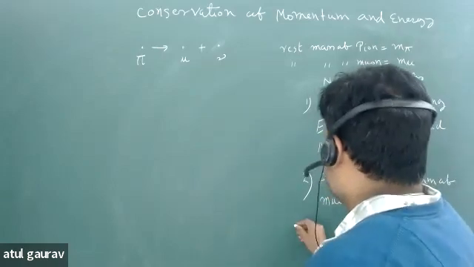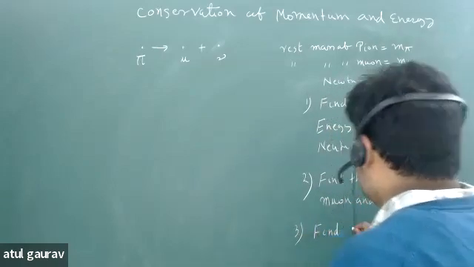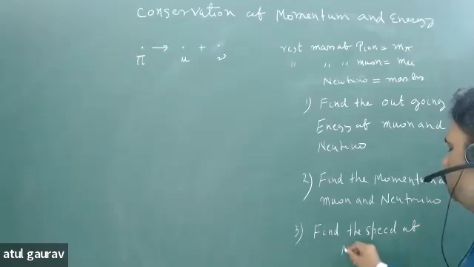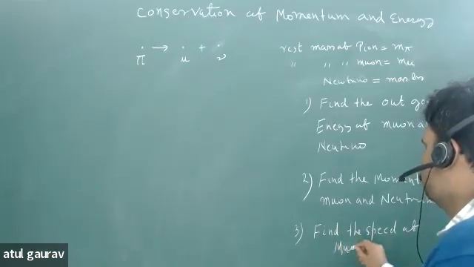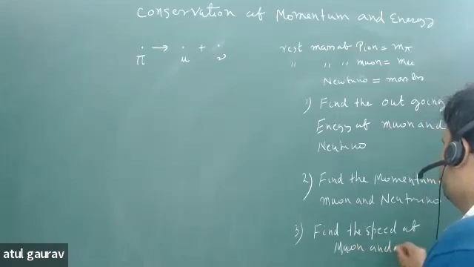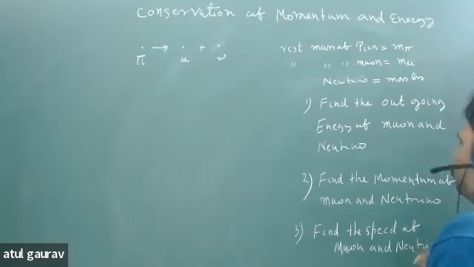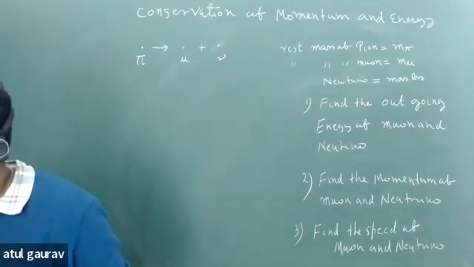And the third question is to find the speed of the muon and neutrino. Okay. So these are the three questions you have to solve.